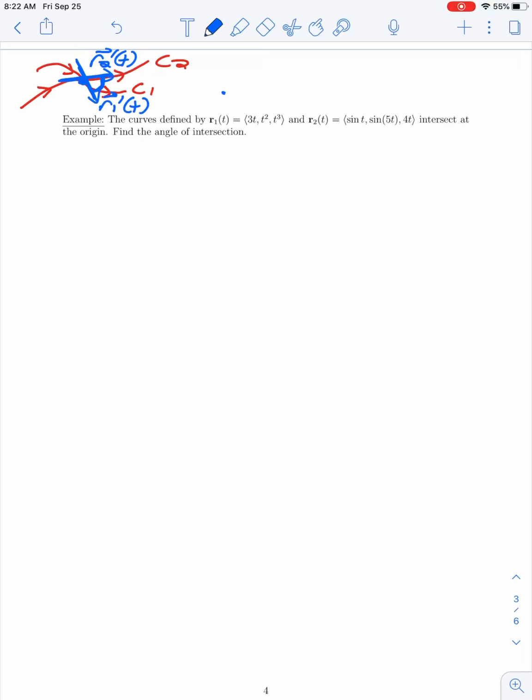And the angle of intersection for those two curves would be the angle between these two tangent vectors at that point of interest. So in order to find the angle of intersection of two space curves, we're going to find the angle between the tangent vectors for those curves at the point of intersection.